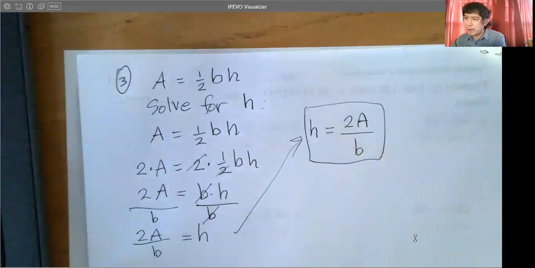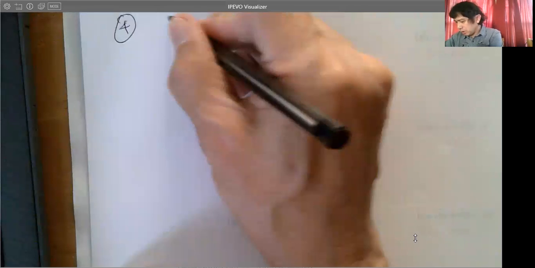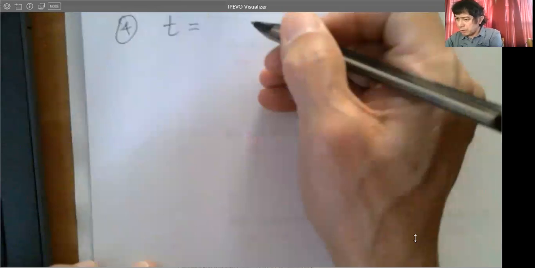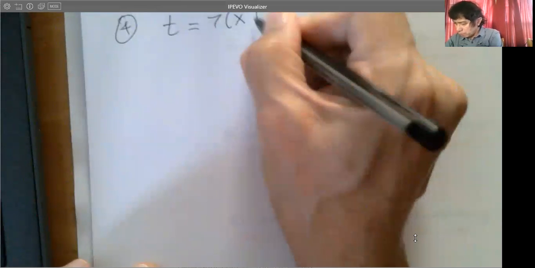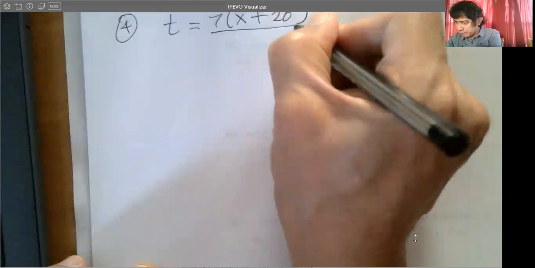All right, let's try another equation. Here's number 4. We have small t is equal to 7 times x plus 20, over 5.